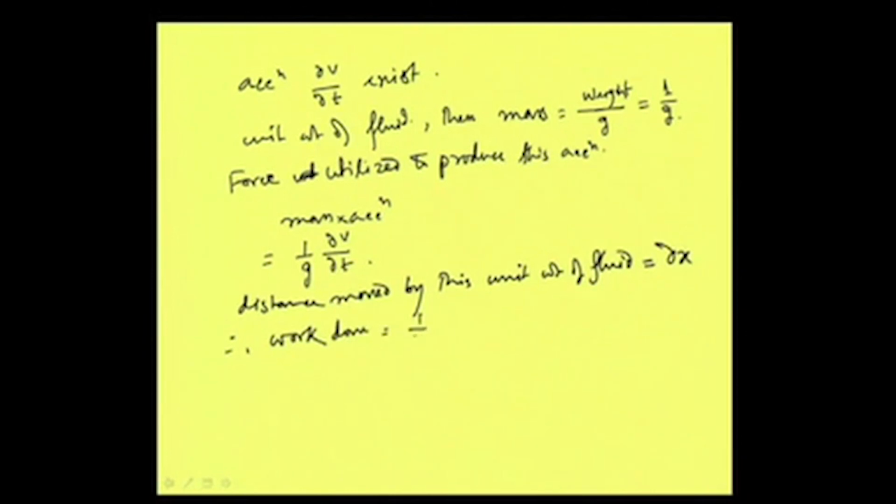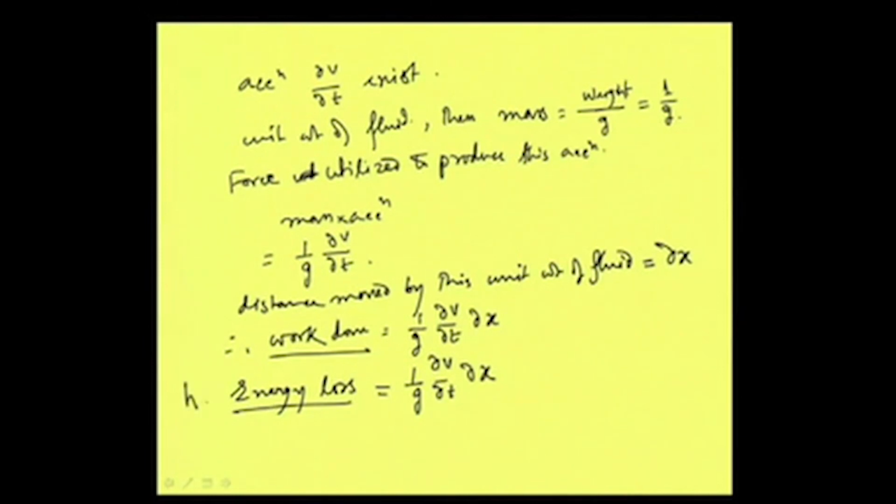Work done is equal to 1 by g del v del t into del x. This work done is the energy loss, so energy loss is equal to 1 by g del v del t into delta x. So this energy loss is nothing but HA, the energy loss due to acceleration, that is the work done to produce that acceleration.